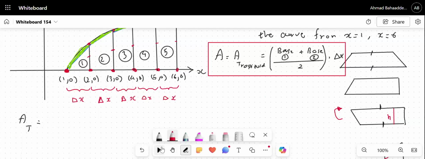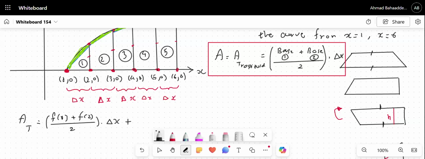For the first area, base 1 plus base 2 is f of 1, because x equals 1 here, plus f of 2, and then that's divided by 2 and multiplied by delta x. And then I do that with the other places also.